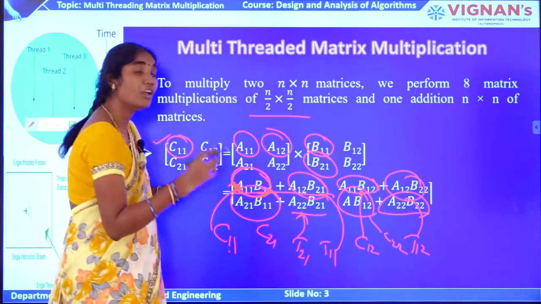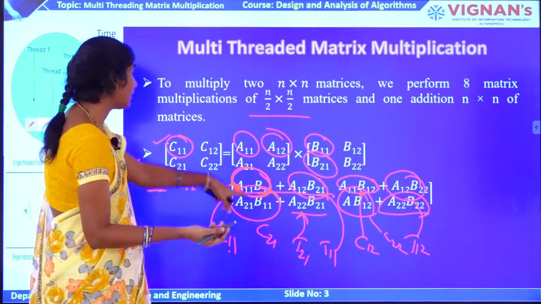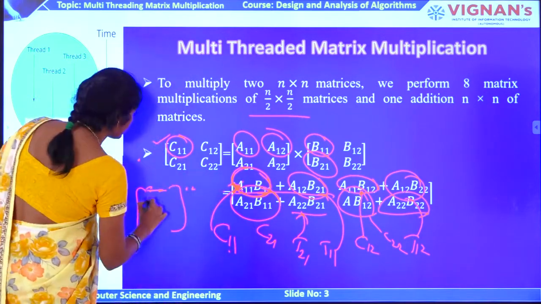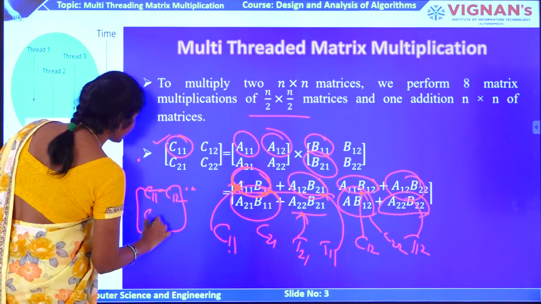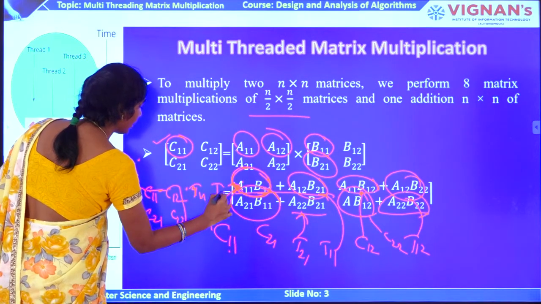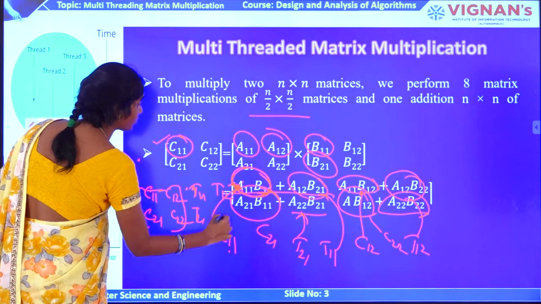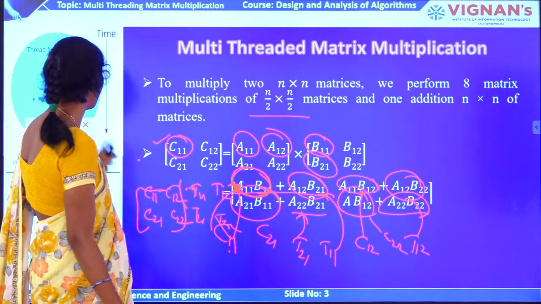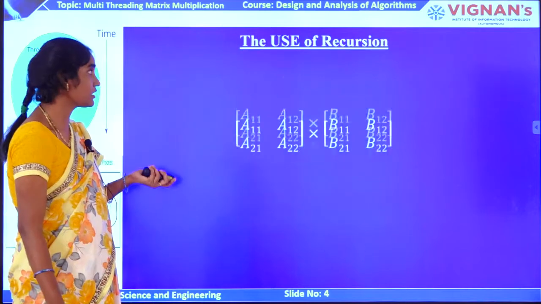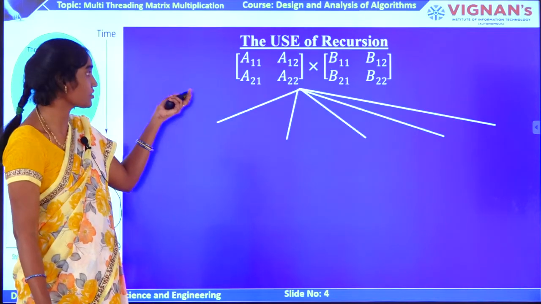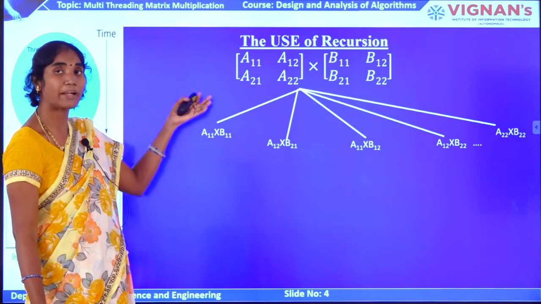Likewise I am taking each individual term. Finally I will have C11, C12, C21, C22 as well as T11, T12, T21 and T22. So here I have 8 terms I want to find out. Now we will see the process, but before that, how we accomplish the recursion to perform this matrix multiplication.